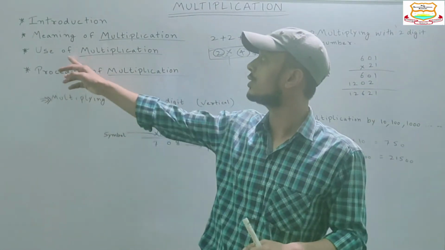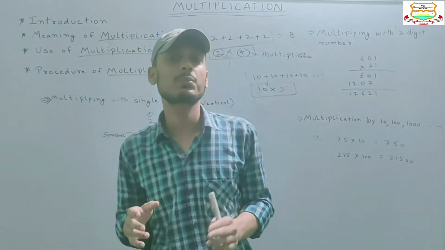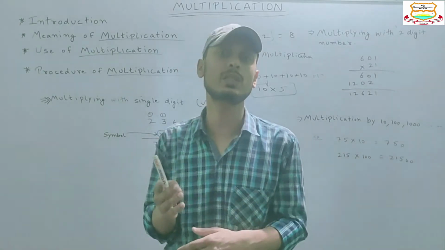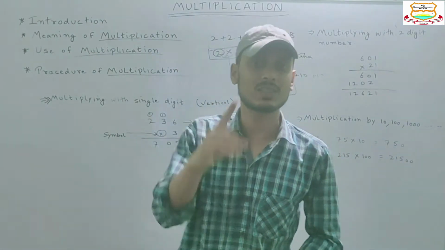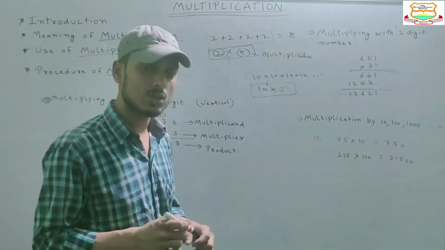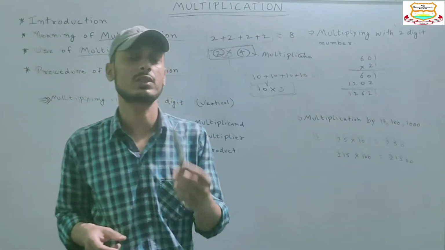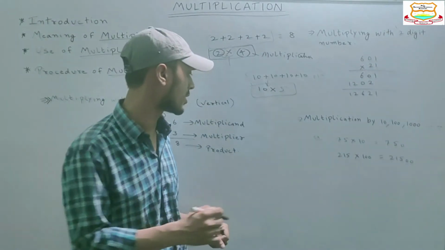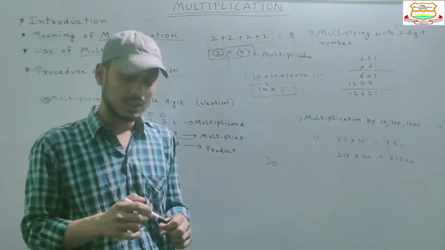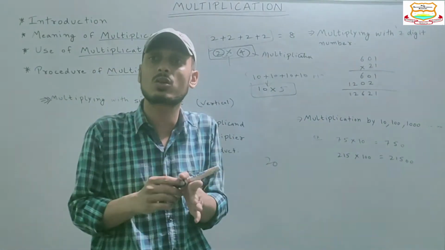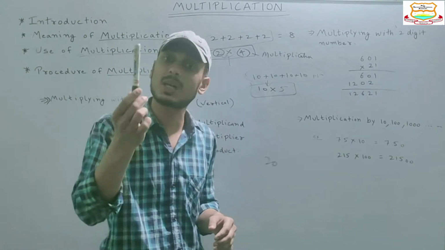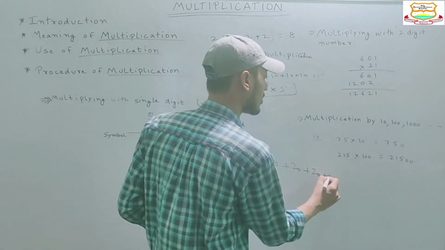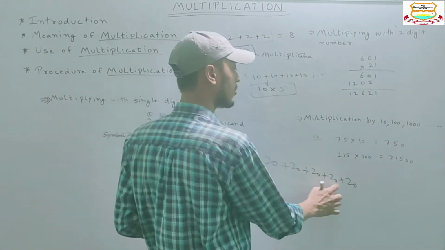So we were discussing the use of multiplication. It is used when some particular digit needs to be added again and again. For example, suppose the cost of this marker is rupees 20. If I ask you the cost of 5 such markers, then you need to add 20 plus 20 plus 20 plus 20 plus 20, that is 1, 2, 3, 4, 5.